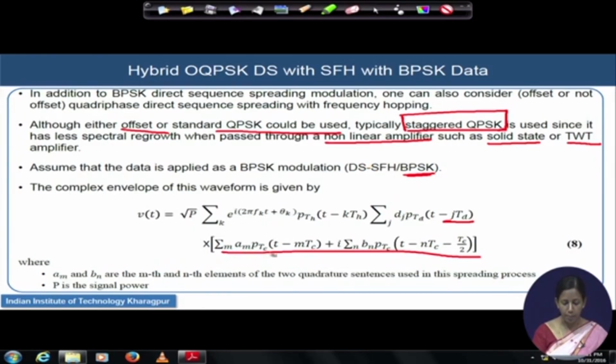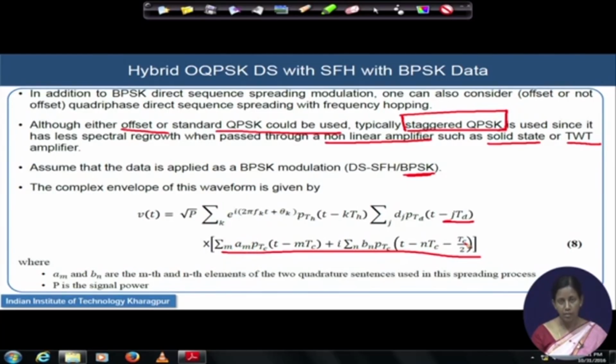Here AM and BN are the mth and the nth elements of the two quadrature phases used for the spreading process, because if it is QPSK, you won't get only the I phase kind of spreading sequence. You will get the spreading sequence both on the I phase as well as on the Q phase. So BN is on the Q phase and AM is associated with the I phase.